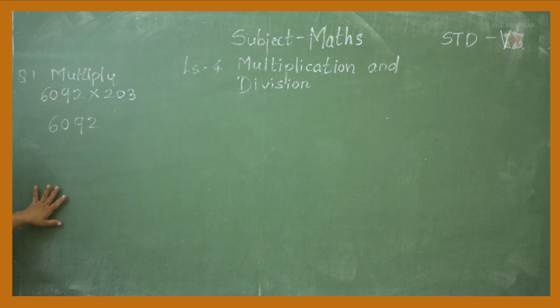Almost 3 lines and 1 line for the calculation, isn't it? So when you are solving you need maximum 6 to 7 lines. So leaving 6 to 7 lines, you do the further calculations.